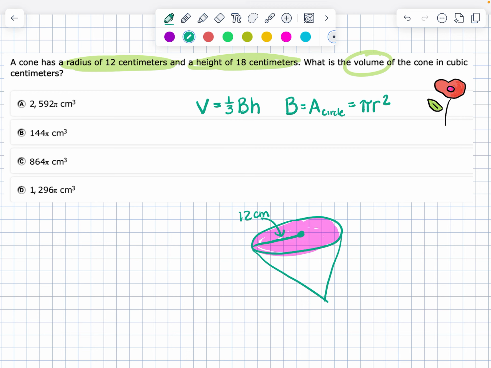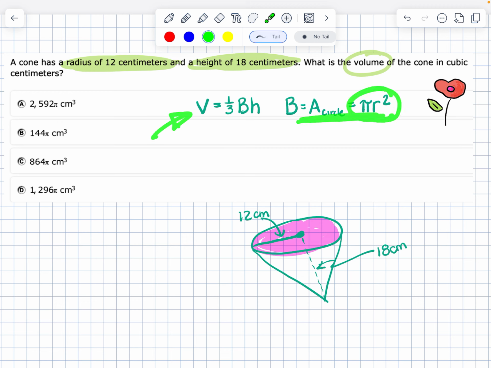And they're telling us the height, which is from the center of this cone up to the vertex, and that is 18 centimeters.